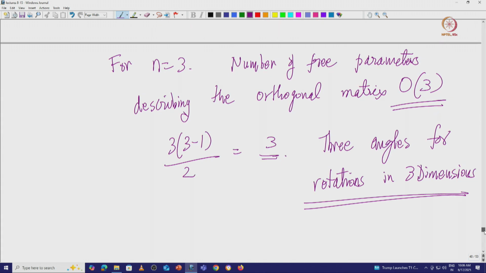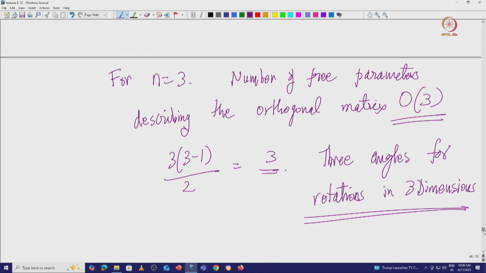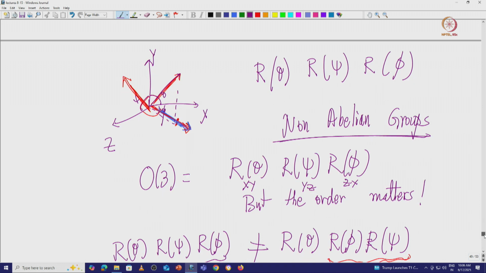Now for n equal to 3, the number of parameters describing the orthogonal matrix is equal to 3. This is also understandable because in rotations in 3 dimensions these are nothing but your 3 angles. If you remember your classical mechanics, these are your Euler angles, and R of theta, R of psi and R of phi are your 3 angles of rotations which are describing your group elements, the product of each of them.